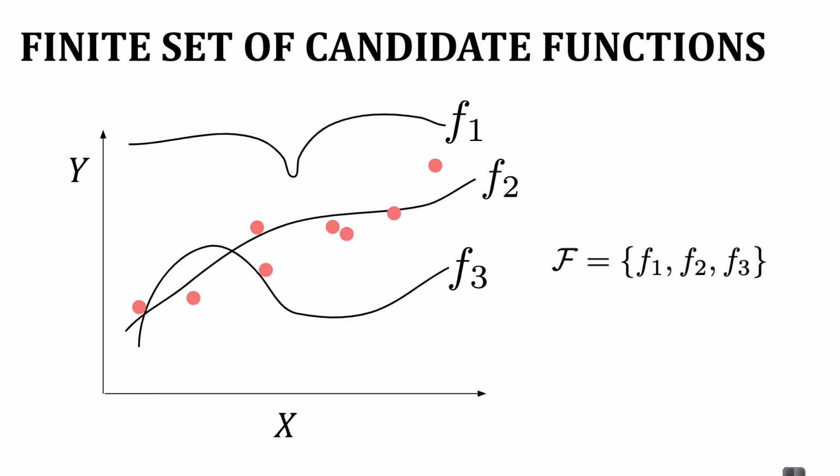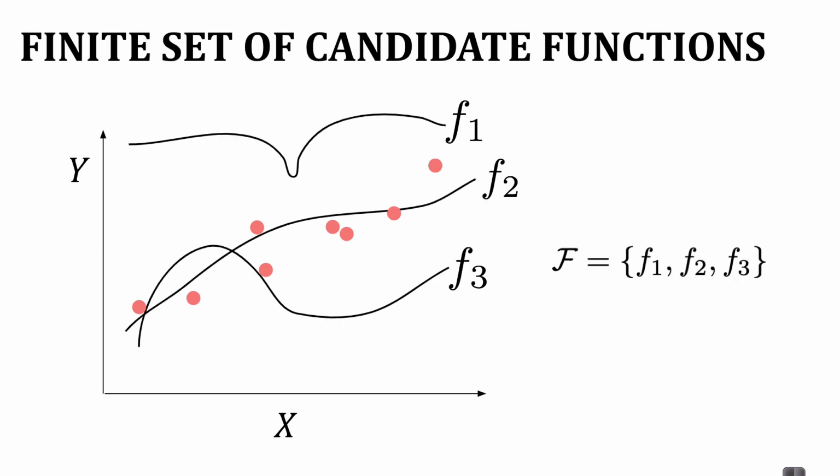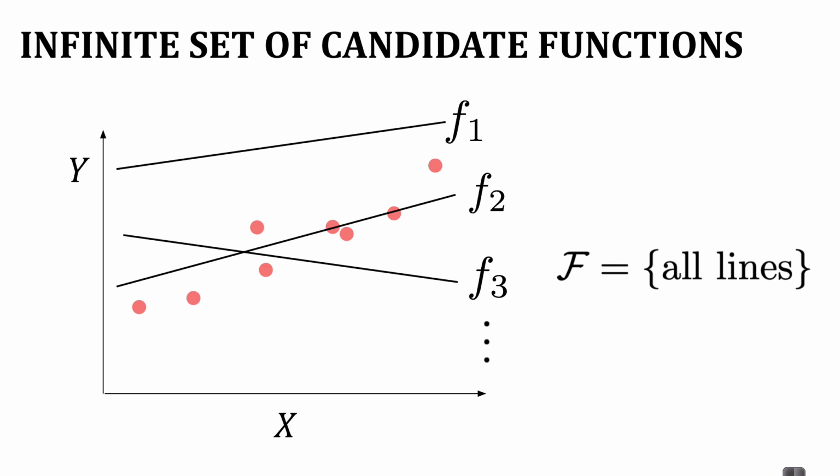And you can have a finite set of candidate functions. So here I have three possibilities, and I want to say which one of these is it. But more generally, that's not the way to go, because you can't really ever enumerate a rich enough set of finite functions. And so more generally, the way that we actually think about these is as an infinite set. So for example, here I have f, our script f, as our set of candidate functions, and I'm using it to represent the set of all lines.